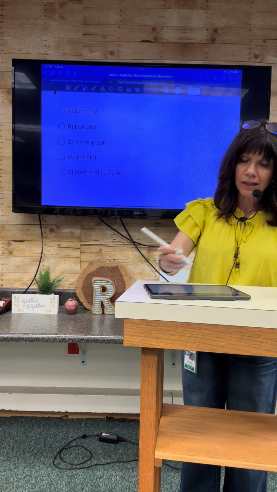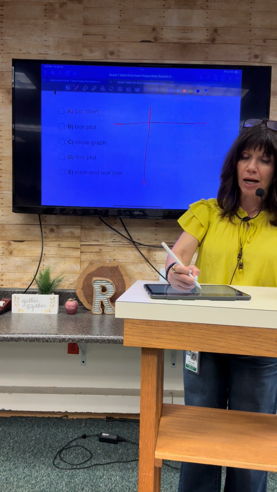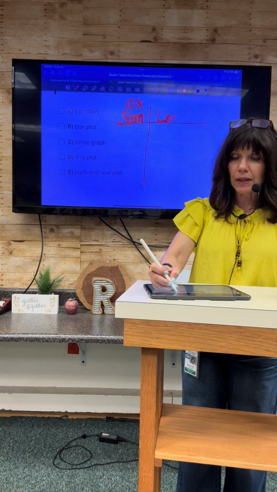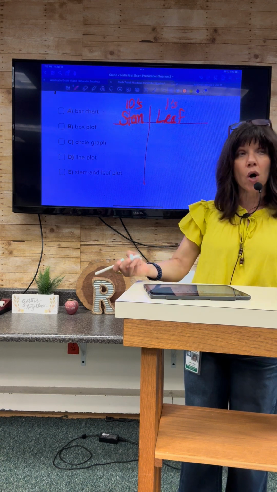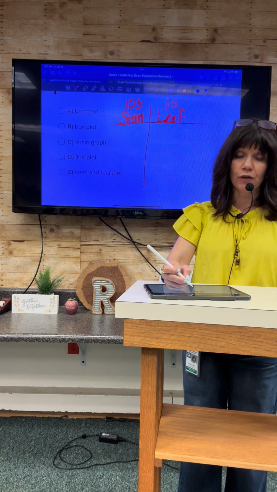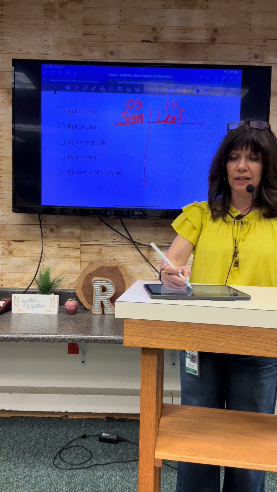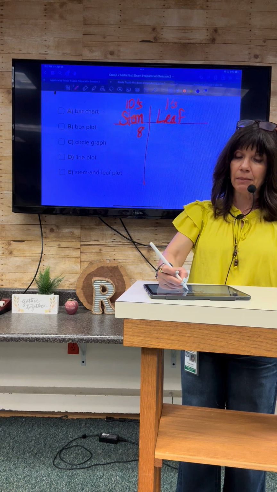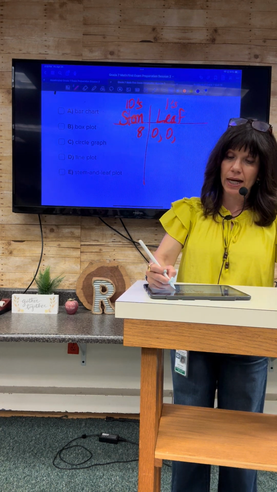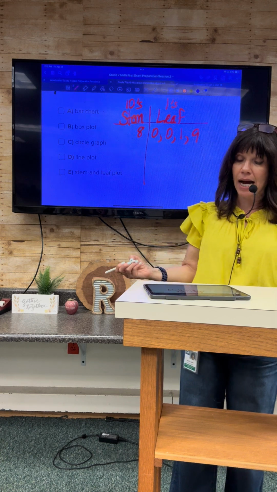Then last but not least, we have a stem and leaf plot. Remember that the stem is always the what place value? Tens. And the leaf is always the ones. So let's say, for example, if kids made 80 to 100 on this test, in the 80s, I might go, there were 2 kids that got 80s, then one got an 81, another got an 89.